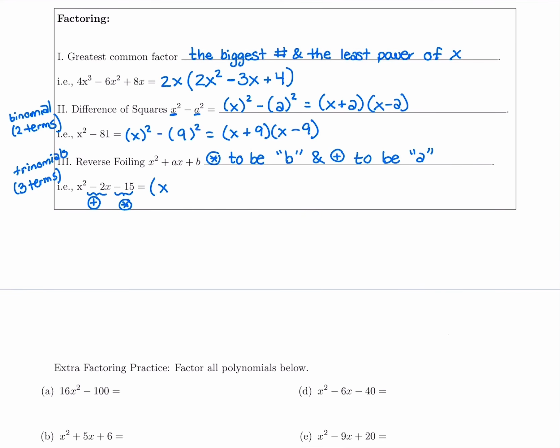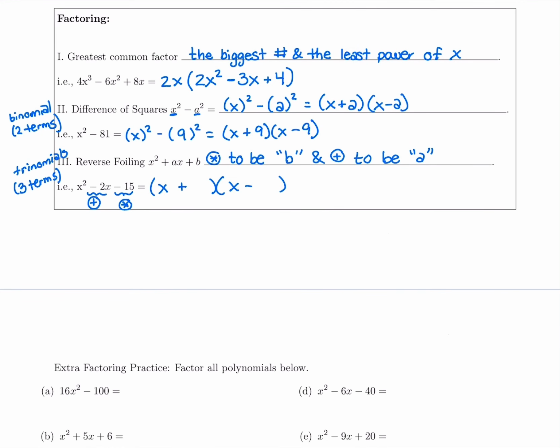Well, multiplying to be -15 is super helpful because there's only one way to multiply to be a negative. You have to have a positive times a negative, right? If you had 2 positives, that would multiply to be a positive, or 2 negatives. A negative times a negative would also be positive. So to multiply to be a -15, I must have a positive times a negative. And now I want to think of factors of 15 that differ by 2.